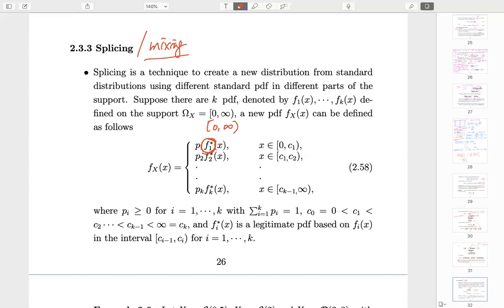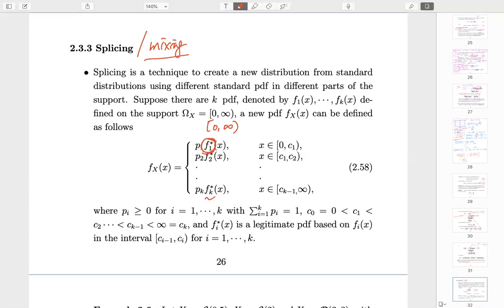Previously, we had many choices, and they could overlap, in the sense of mixing. But when we study splicing, we have k different PDFs, and they never overlap.